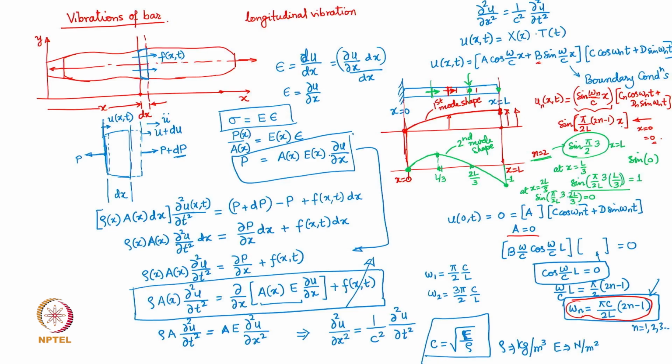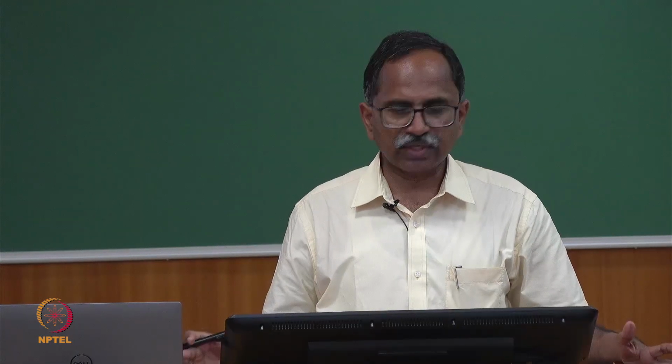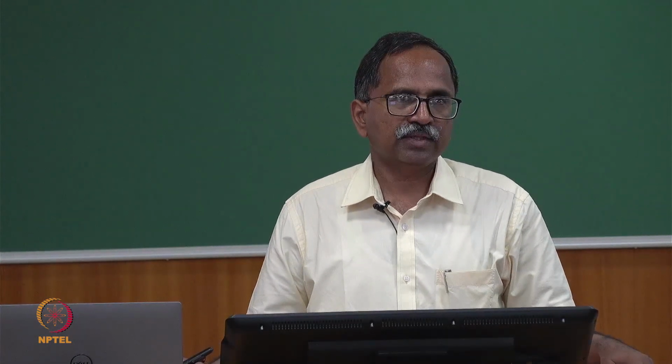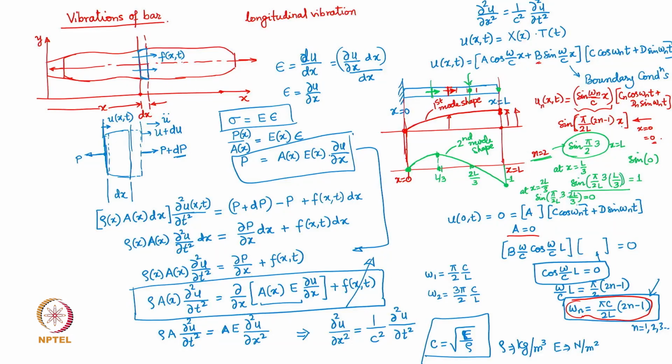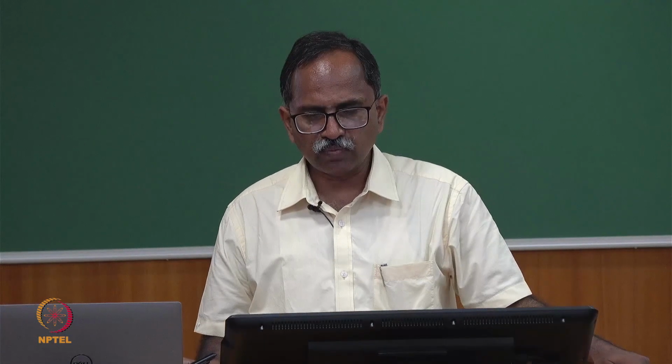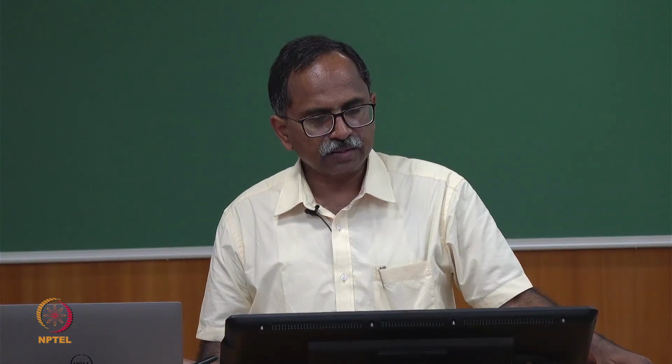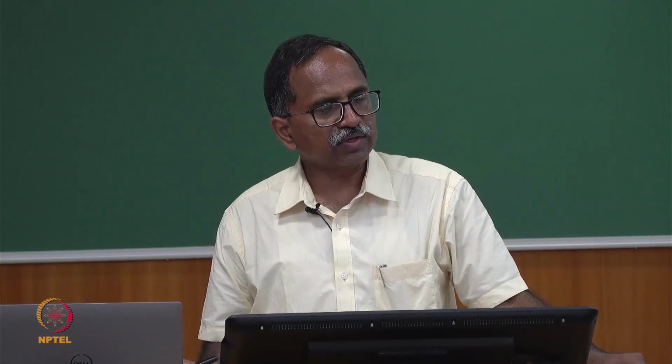And of course, the rest of the process of finding out the free vibration response to initial conditions is exactly the same as that of the string. So that part is going to be left to you to extend exactly the way we discussed it in the case of the stretched string. So nothing changes, the whole process still remains the same, but these are small differences that are there in terms of vibrations of a continuous bar.